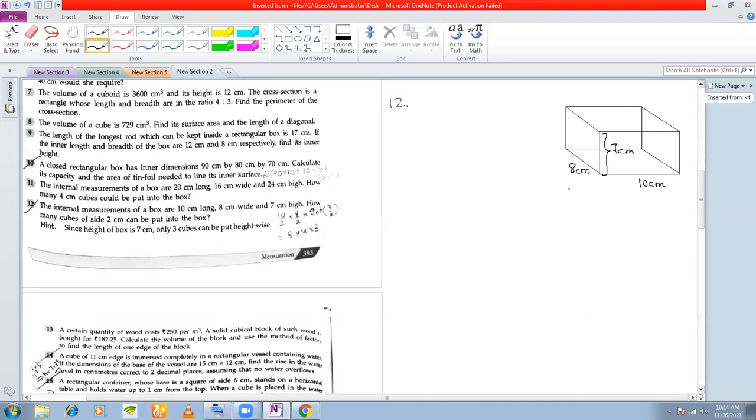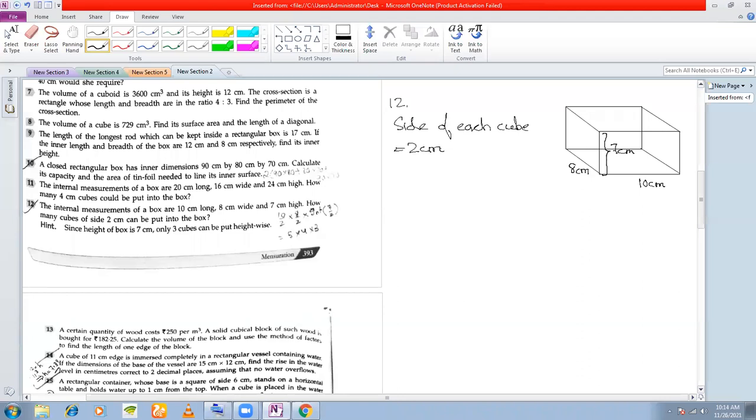Now you are inserting cubes, right? Into this box. So how many cubes can you insert? What is the side of each cube? 2 centimeters, right? Side of each cube is equal to 2 centimeters.